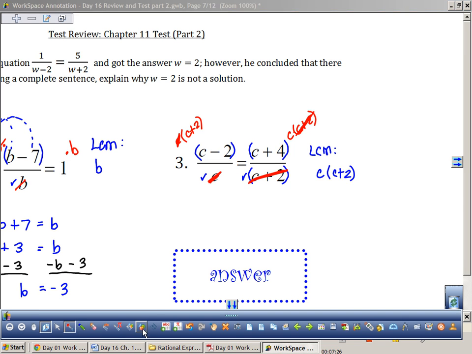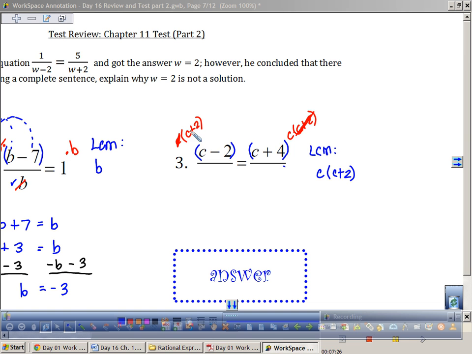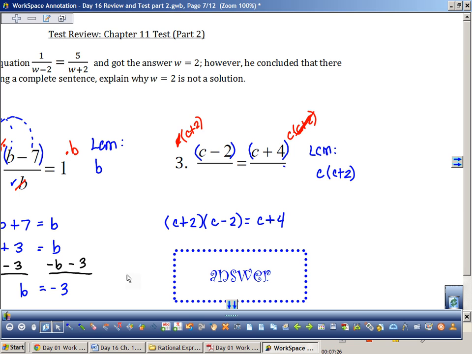I just cleared my denominator. It's gone. What am I left with? C plus 2 times C minus 2 equals C times C plus 4.